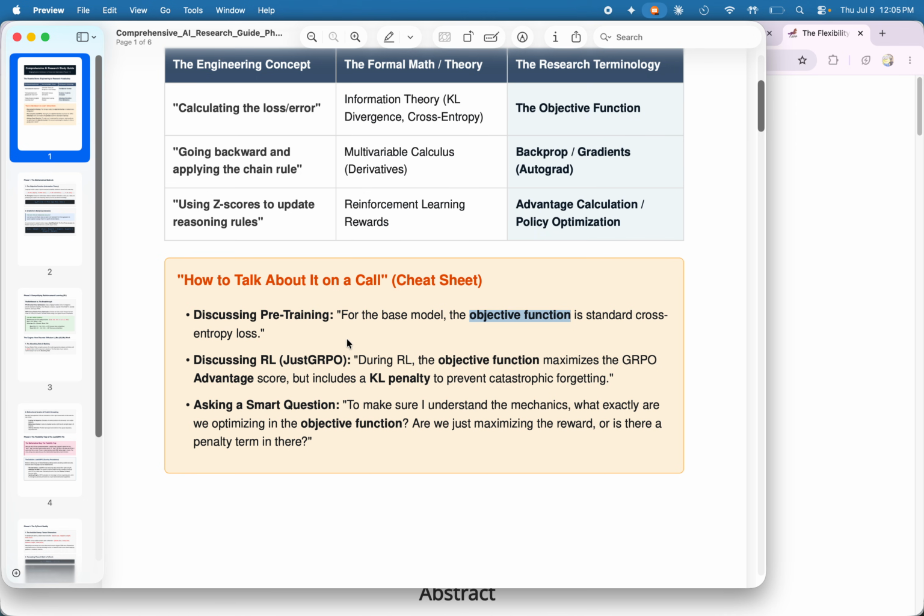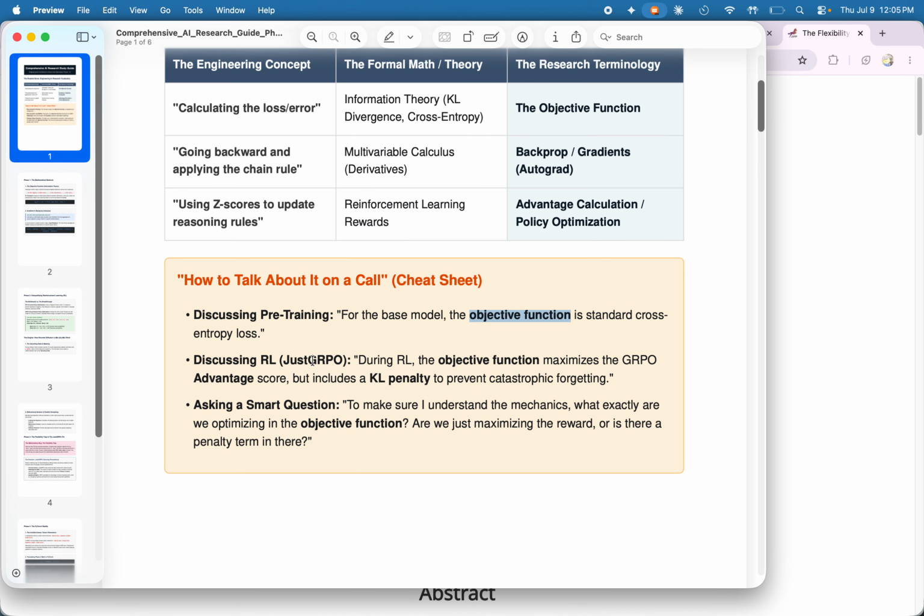So what are the core derivations? Information theory. Discussing RL, just GRPO: during objective function maximization, the GRPO advantage score, but it includes a KL penalty to prevent drift.